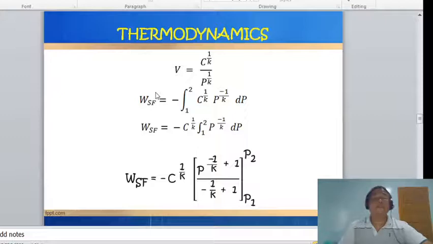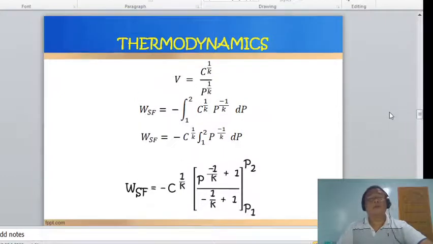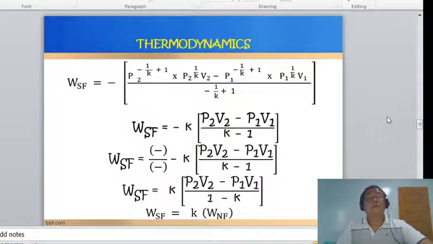Applying now the limits, p sub 1 to p sub 2, the value of the work steady flow is equal to negative k multiplied by p sub 2 v sub 2 minus p sub 1 v sub 1 over k minus 1.